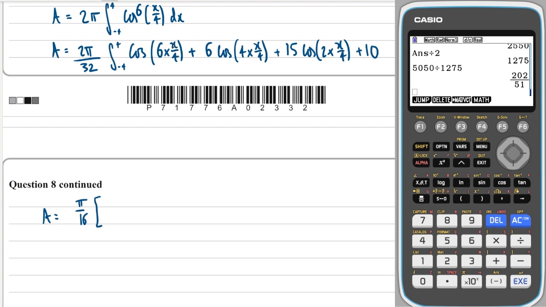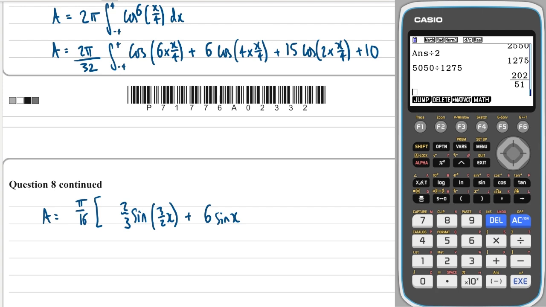This is 3 over 2x, so cos will integrate to sine. We'll have sine of 3 over 2x, and then we will divide by the derivative of that, so that will give me 2 over 3. And then next, this will be just sine x, so it'll be 6 sine x, and this one will be a half.